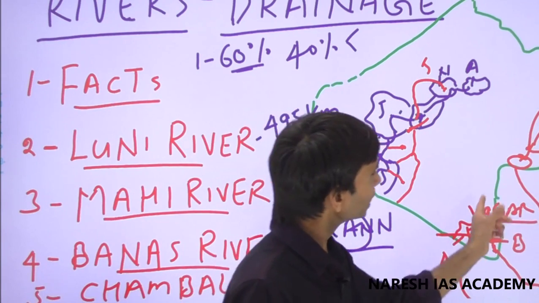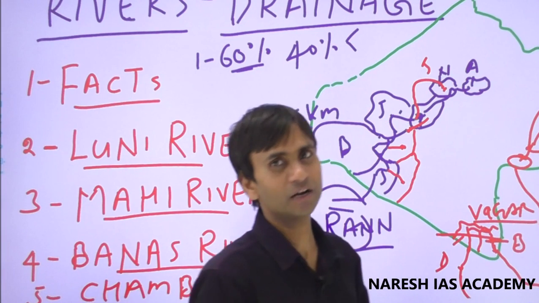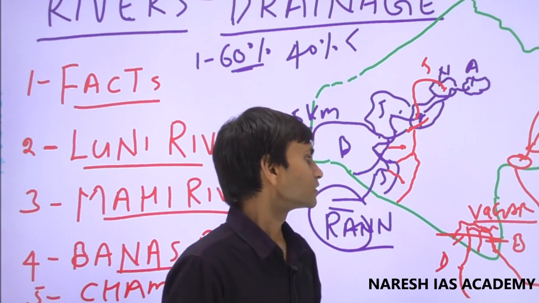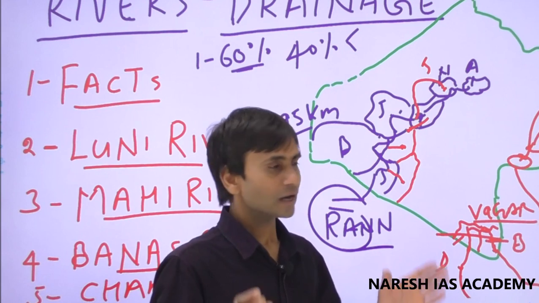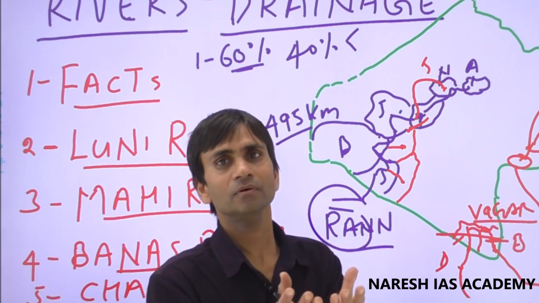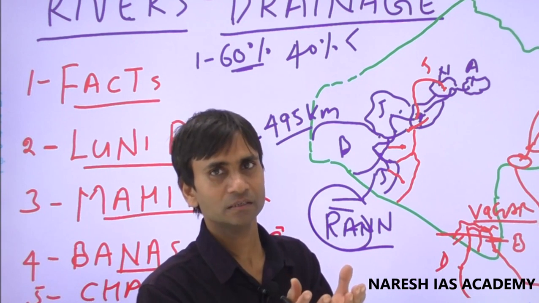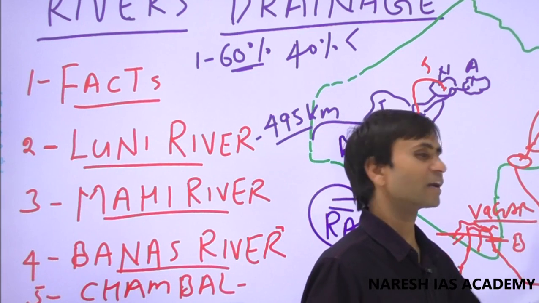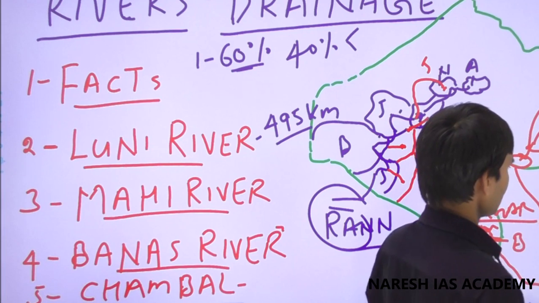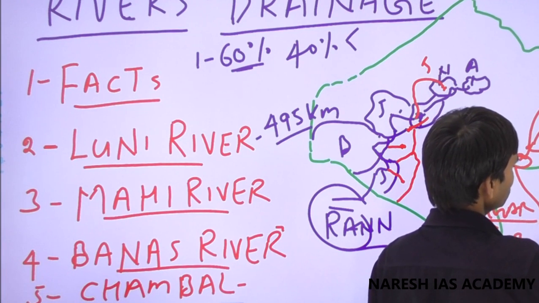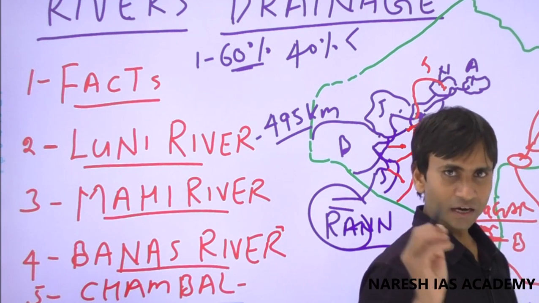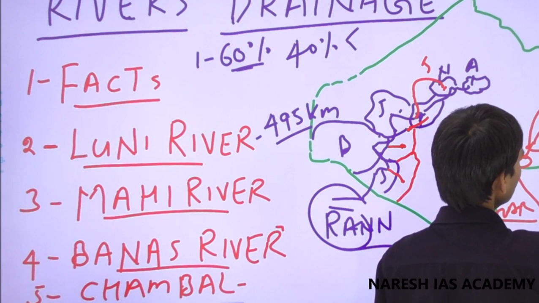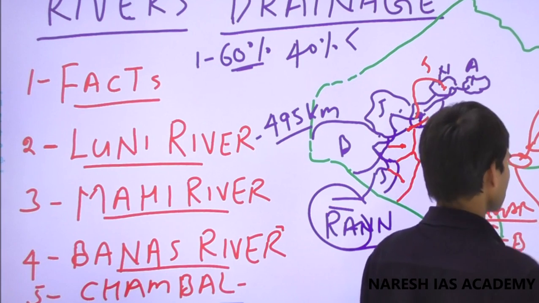So this is the flowing channel of the Chambal river, and the Chambal river has the largest surface water volume. Chambal river has a total length of about 1051 kilometers, but in Rajasthan it flows only 322 kilometers.